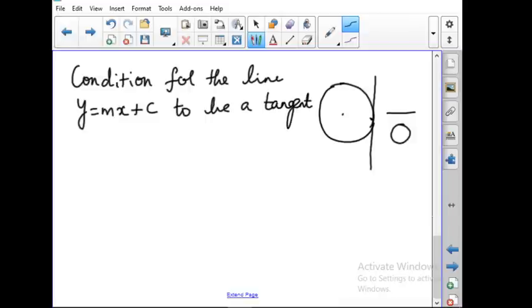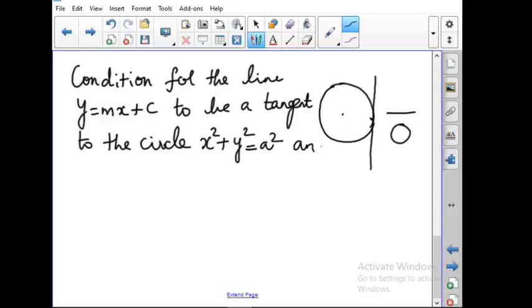The circle may have the center as the origin or any other center. Now we are taking the origin as the center and finding the point of contact. This is the thing we are going to see now.